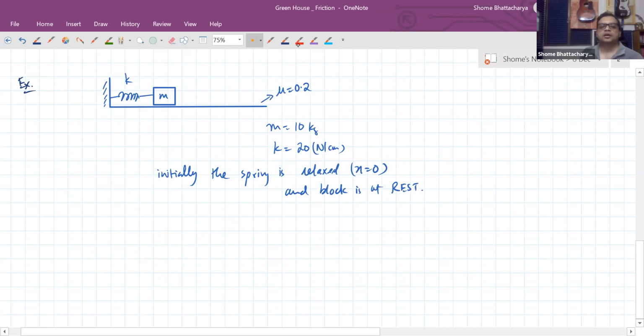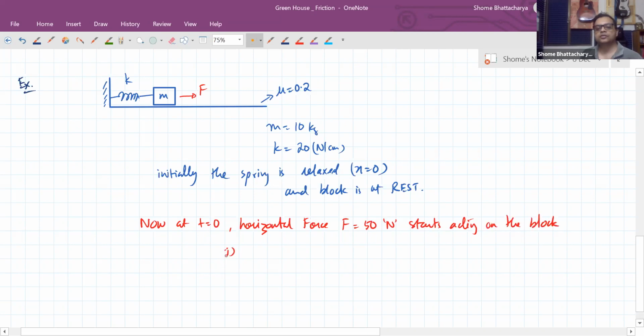Okay, now we start applying a horizontal external force at time t equal to 0. Horizontal force of magnitude, let's say 50 newtons, starts acting on the block.